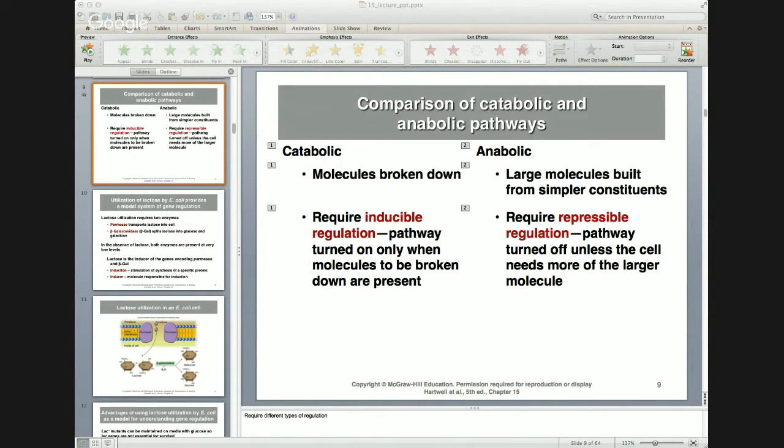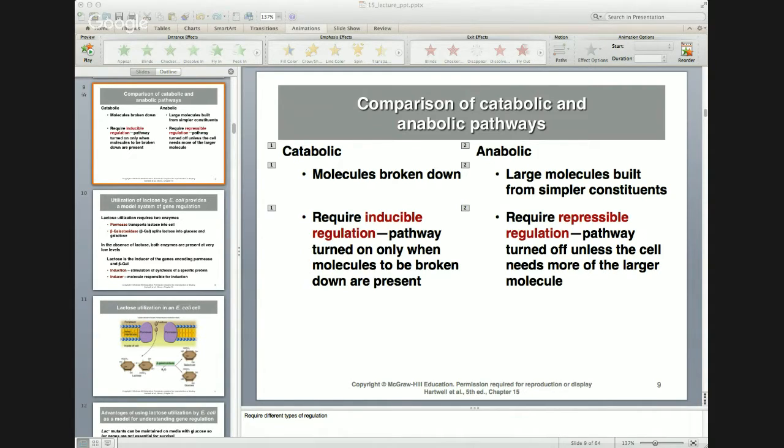So lactose utilization. Lactose is a sugar that is used by prokaryotes. Specifically, in this example, we're looking at E. coli. In order for bacteria to be able to utilize lactose, the cell requires an enzyme known as permease. Permease is necessary, and also beta-galactosidase.